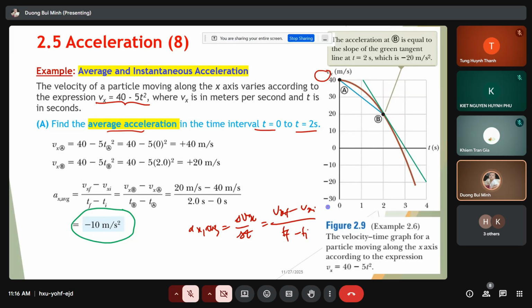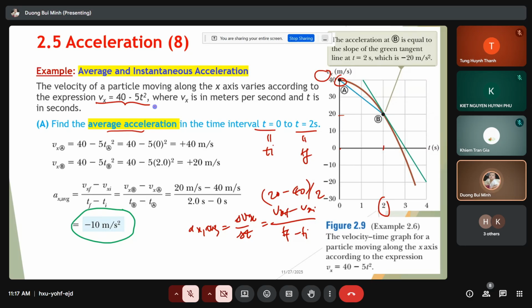Okay, they give us the information of Ti and Tf. So you get 20 minus 40 divided by 2, so you get minus 10 meters per second squared. It's easy.